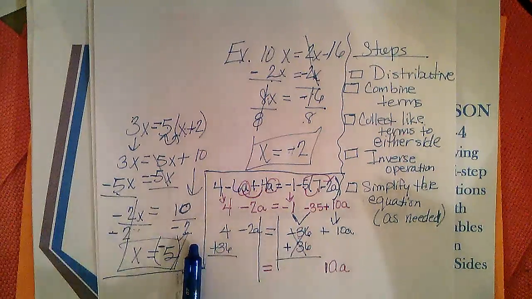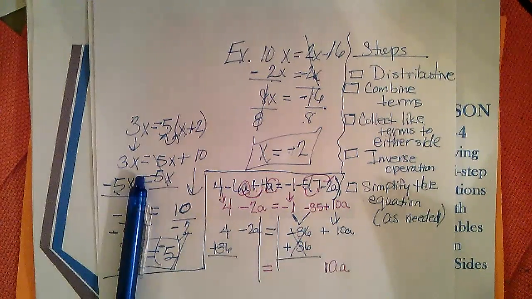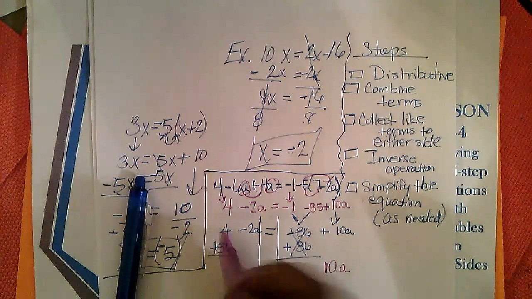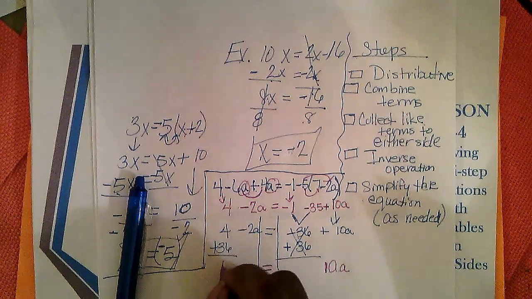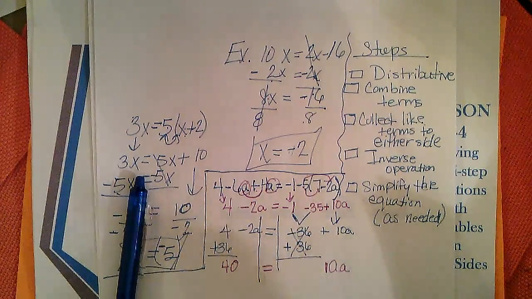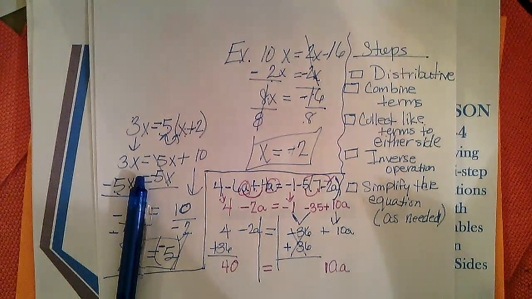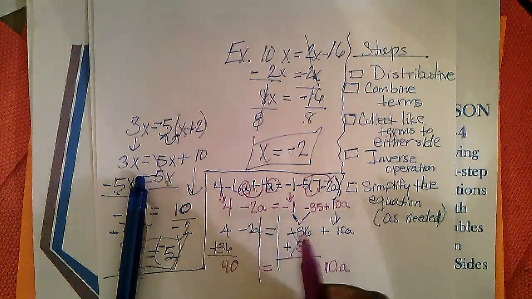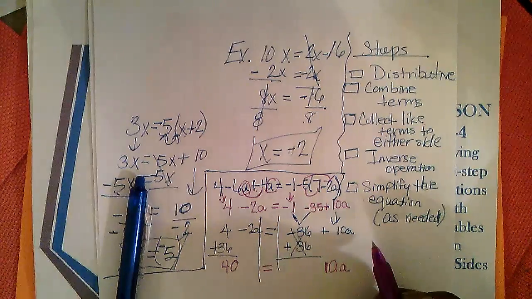And then we have our positive 36 over here. So 36 plus 4 gives us 40. But now we have our negative 2a. So we're going to bring our variables all to one side.